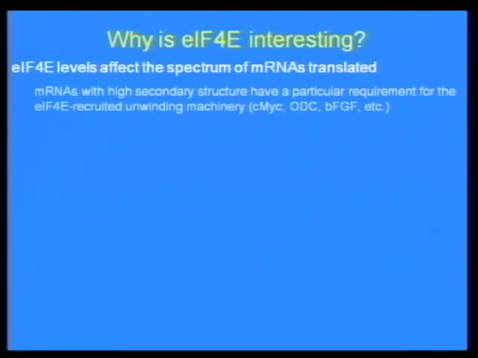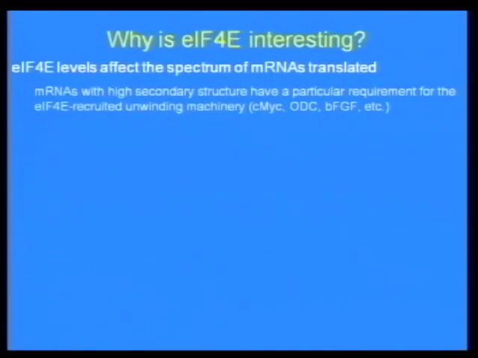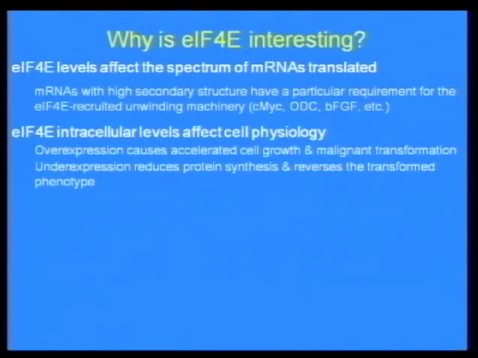And so messages that have high secondary structure have a greater requirement for this unwinding machinery, and those with virtually no secondary structure almost don't need it. And so by changing 4E levels in activity, you change the spectrum of messages that are translated, and therefore the spectrum of proteins in a cell.